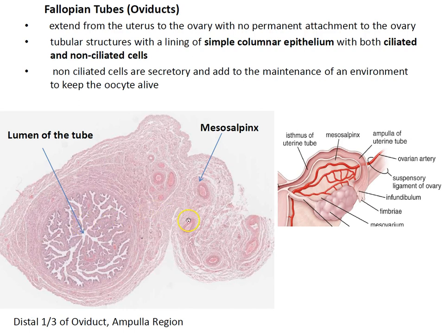Ciliated cells are more numerous in the infundibulum area, where the wave of the cilia is directed towards the uterus, so as to capture the oocyte and move it towards the ampullary region. Non-ciliated cells are secretory in nature and produce the fluid to maintain an environment to keep the oocyte alive during fertilization and its movement.